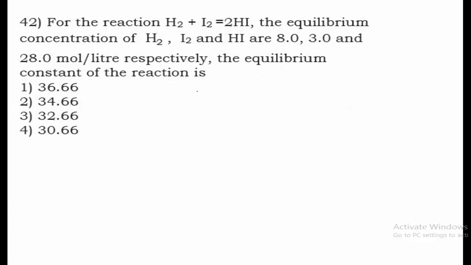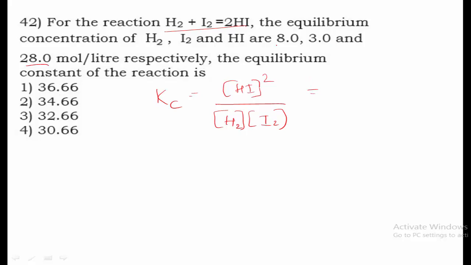42nd, for the reaction H2 plus I2 gives 2HI, the equilibrium concentrations of H2, I2 and HI are 8.0, 3.0 and 28 mole per liter respectively. The equilibrium constant of the reaction is, so Kc is equal to, how you will write, HI is the product, concentration of product, 2HI is there, so square, divided by the product of concentrations of reactants, that is concentration of H2 and concentration of I2.